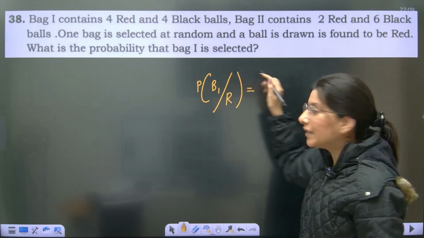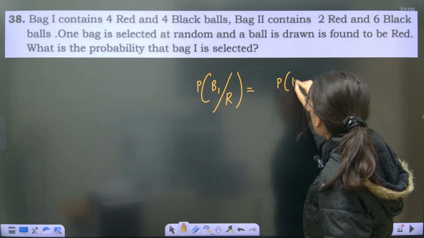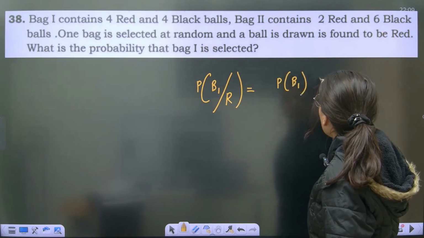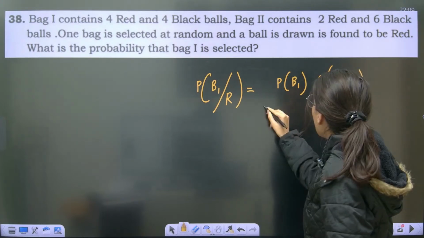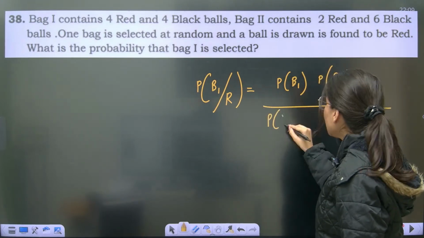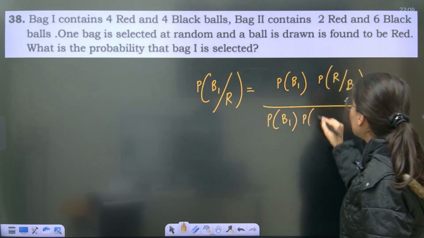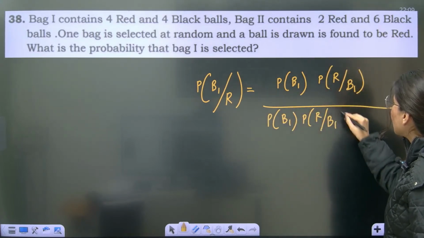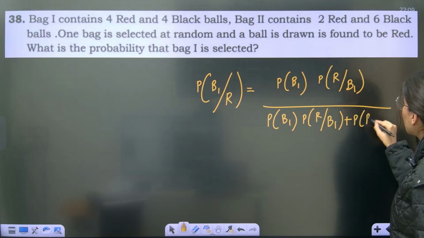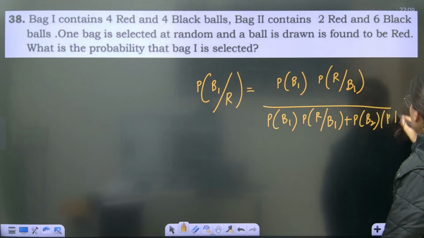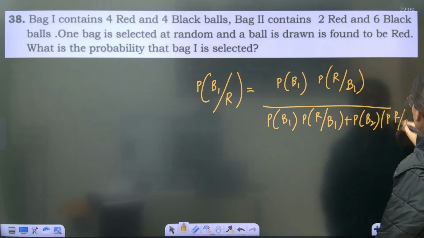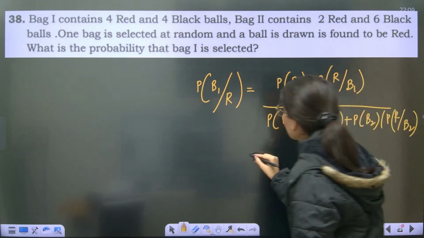So the probability that bag 1 is selected is the probability of bag 1 selected and the red ball found from bag 1, upon the probability of bag 1 selected and red ball from bag 1, plus the probability of bag 2 selected and the red ball coming from bag number 2. Okay, this is your direct formula.